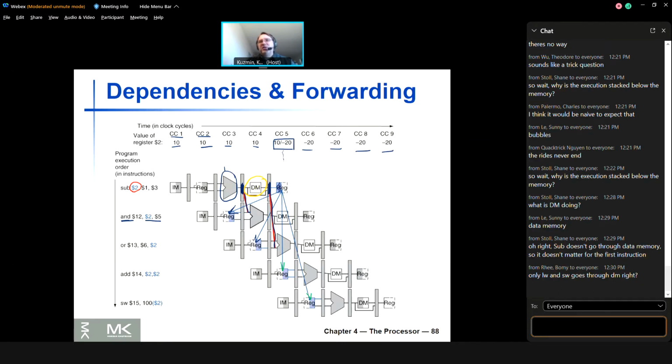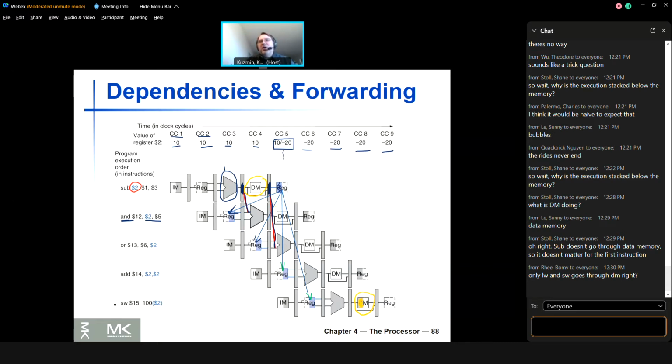DM has this white transparent background. It's not shaded, which means it's not used by this instruction. Contrast it with SW, which you can see writes DM, because the left part of the component is shaded, which means writing happens. Okay, so yes, DM is not used.